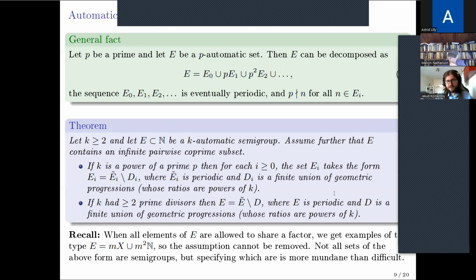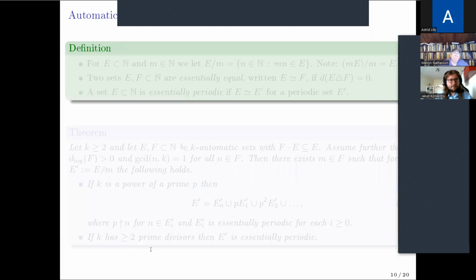If k is a power of a prime, then exactly the same statement holds for each of those sets in the decomposition corresponding to p-adic valuation. Now, this is not quite an if and only if statement, but the reverse is not very hard to come by. And note that we need to assume this condition of having an infinite pairwise co-prime subset, because otherwise we run into those examples that I mentioned on the previous slide.